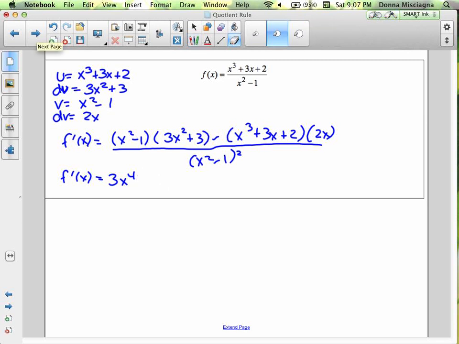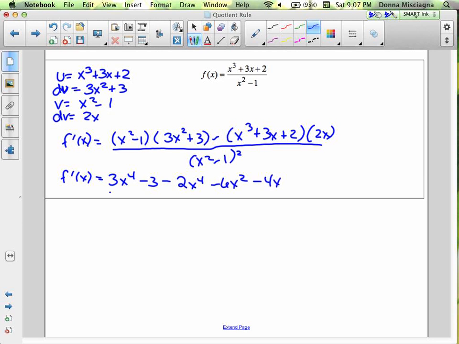The x squareds just dropped out. And then minus, that's going to be a 2x to the 4th. We've got to remember to distribute that 2x. So minus 2x to the 4th, and then minus 6x squared, and then minus 4x, all divided by x squared minus 1 squared.